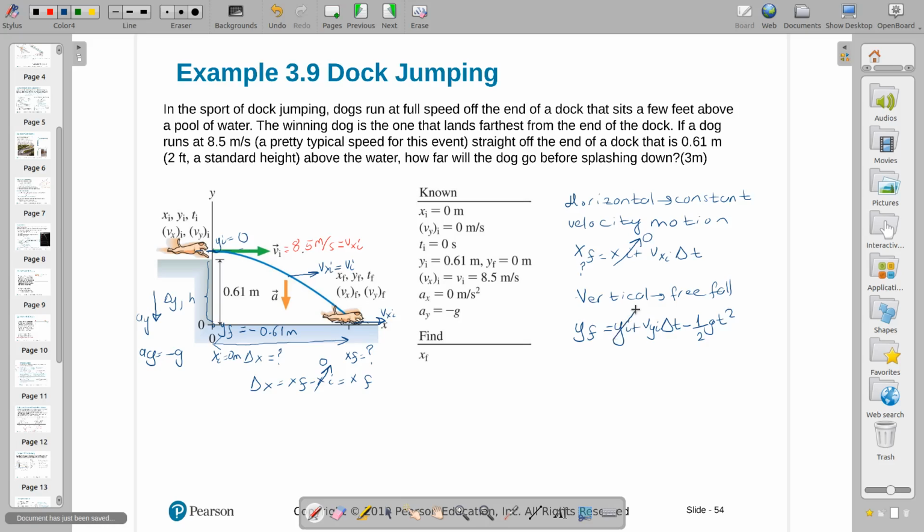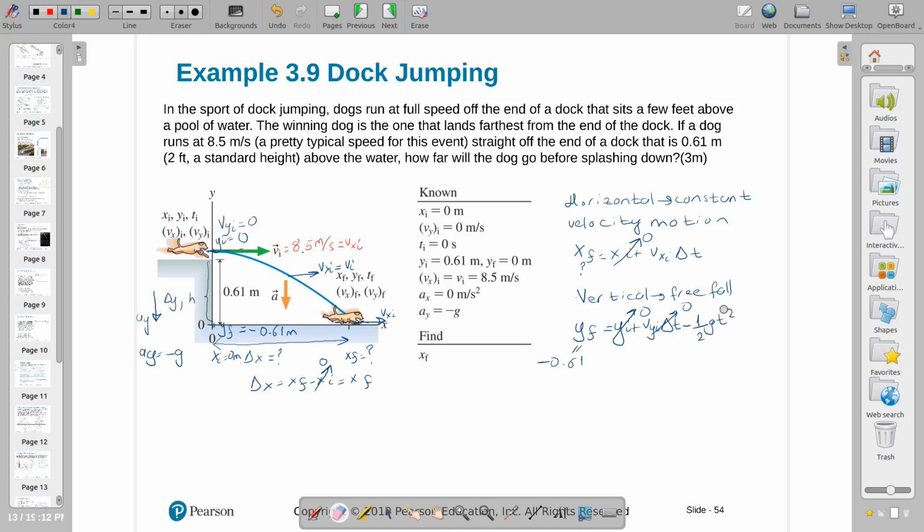Y initial will also be 0 because the dog jumps along the horizontal only initially, so that term also goes to 0. Now y final we said would be equal to minus 0.61, right? So we have everything to solve for this t.